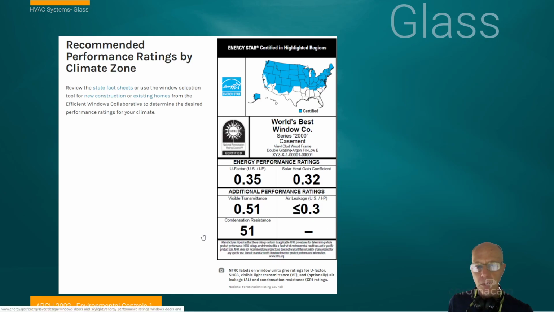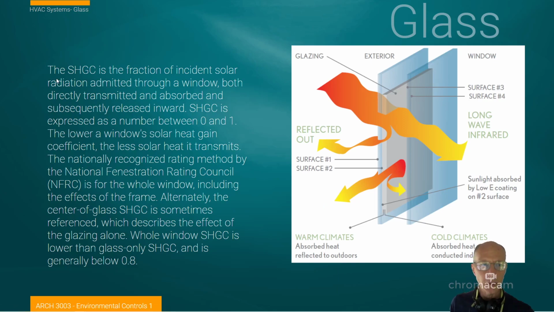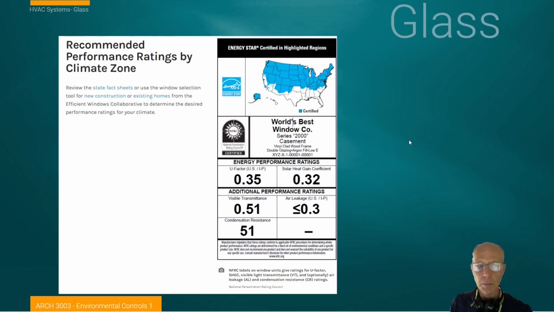And windows come with rating systems, and its idea of solar heat gain, which I'm introducing here. The solar heat gain fraction is how much light is allowed to enter the building, and that goes to its energy performance. So we track all of these kind of values when we rate them.